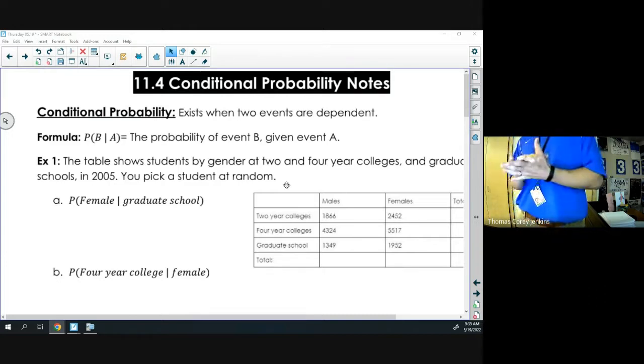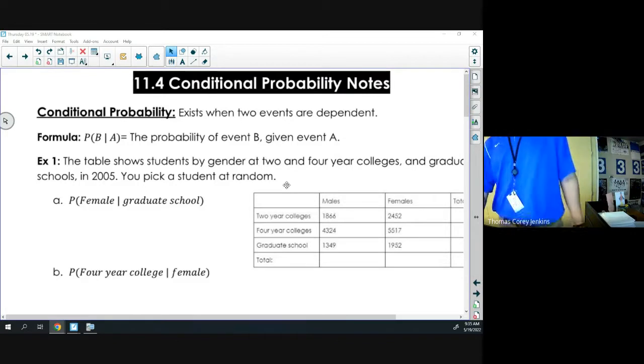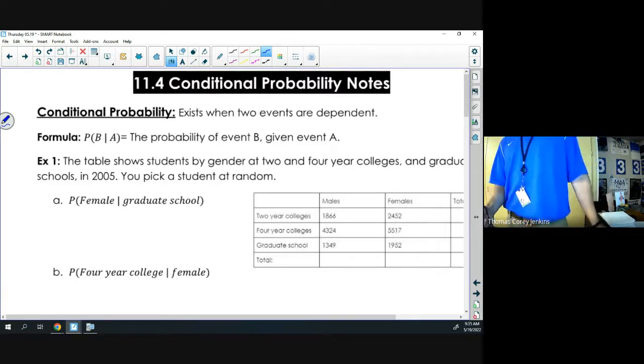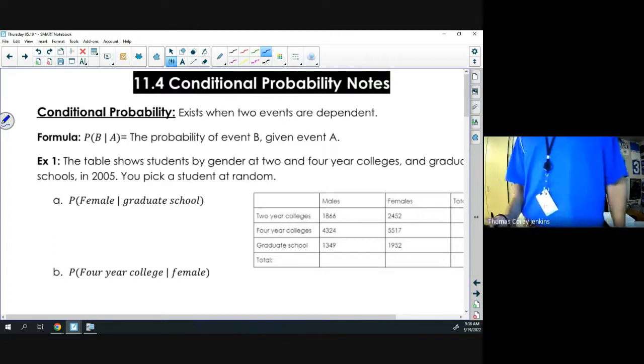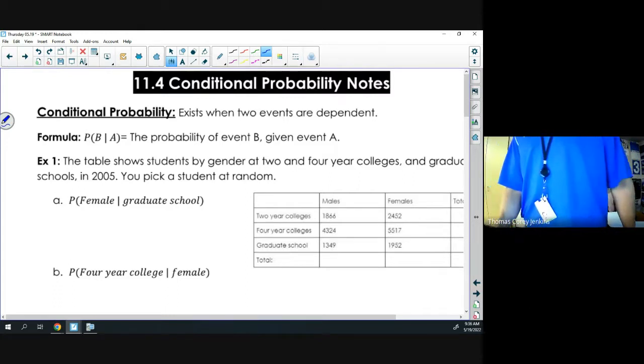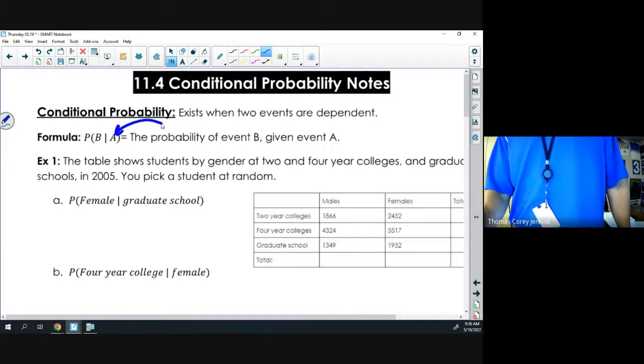So today is called conditional probability, so it's always the probability of something given something else, okay? The formula is the probability of event B given event A. I would always suggest you think about the given thing first, and that helps when we look at these tables in our examples.